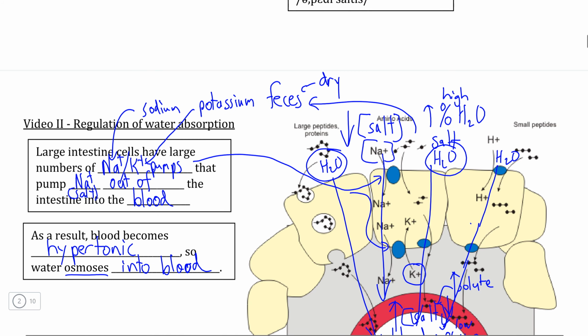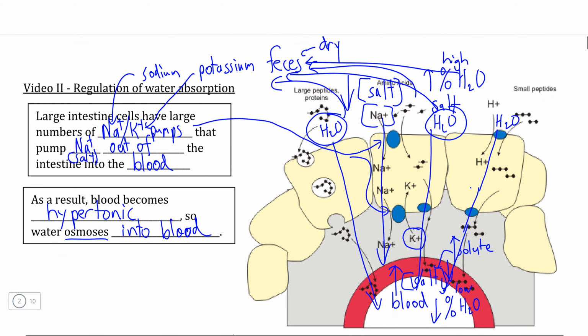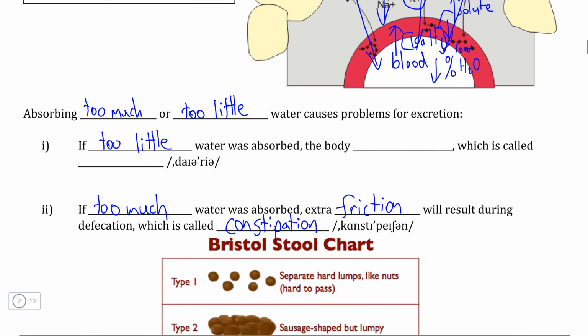Well, if that water stays in your large intestine, that means that all of that water will be lost every time that you excrete feces out of the anus, meaning that in addition to losing the undigested food, your body is also losing a huge amount of water, which can cause very serious medical problems, including, but not limited to, causing your body to dehydrate.